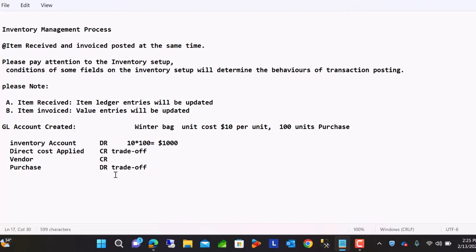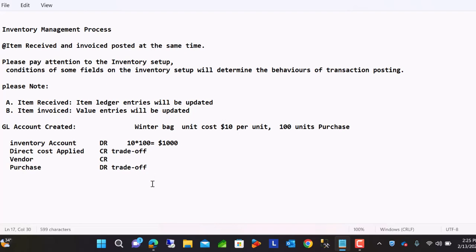So the remaining 5 that is left of the value will be reported into these two accounts. When we have the complete value of the total item received, the purchases account will only have the value of the item invoiced. So the difference that will be left on this account will represent the value of the item not yet invoiced.